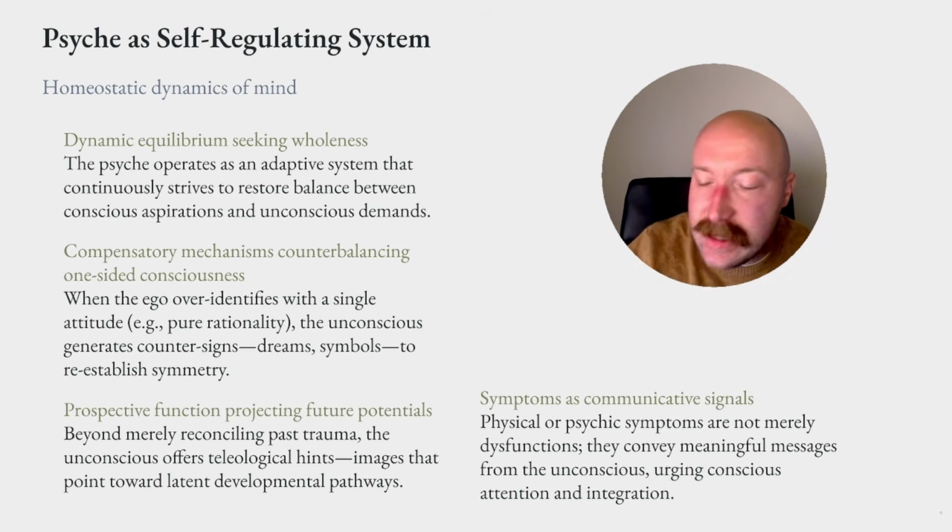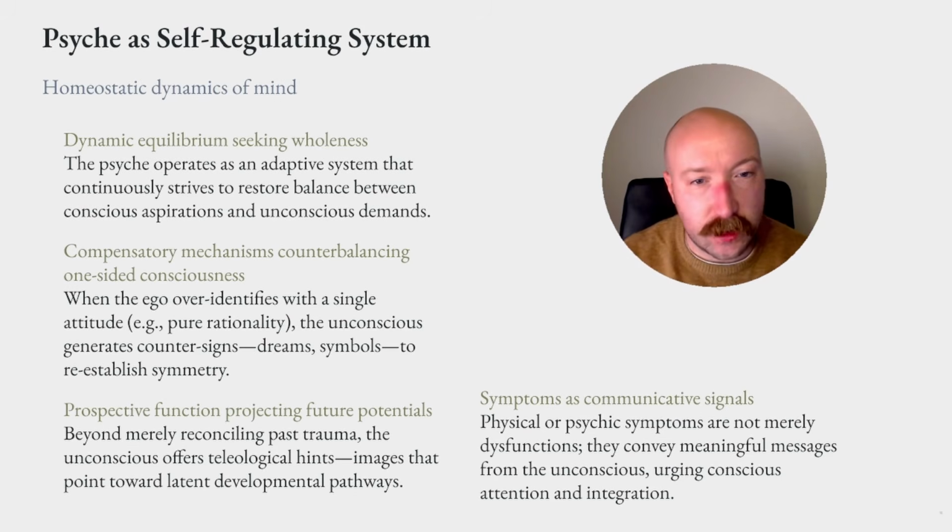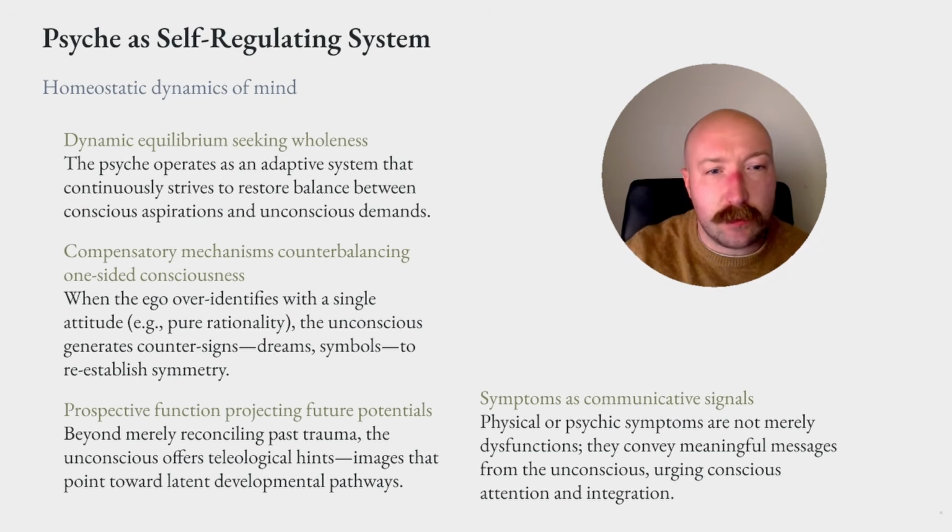So when the ego, remember that continuous identity, over-identifies with a single attitude, maybe it's like, I'm going to be rational, the unconscious will generate countersigns. It will throw in dreams. It will throw in symbols to re-establish that dynamic symmetry.